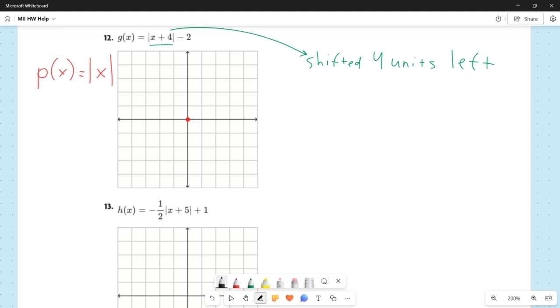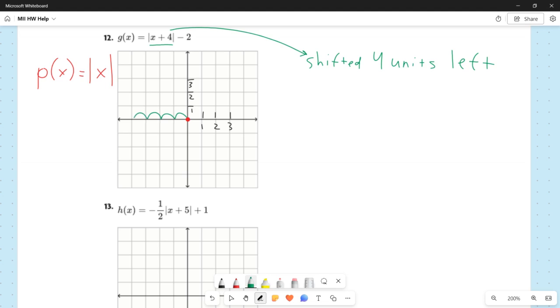Our scale, we'll just keep it at 1, 2, 3, 1, 2, 3. So each box is 1. Because our parent function has been shifted 4 units to the left, from the origin we're going to go 1, 2, 3, 4.